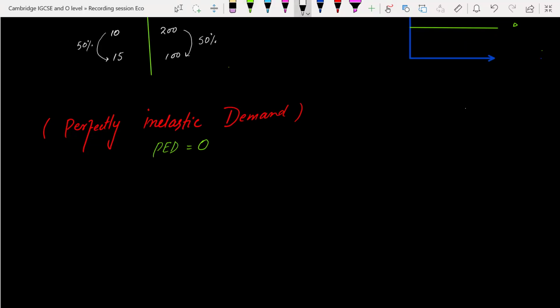What's the meaning of this? It means demand remains constant regardless of the price.